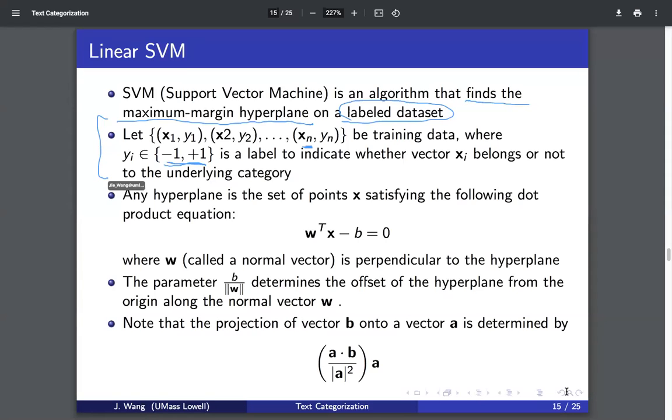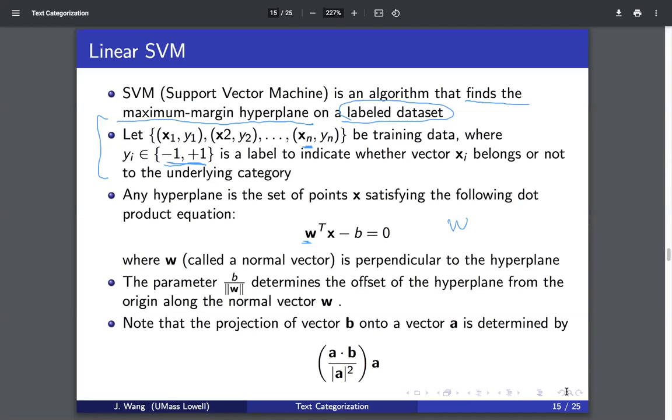And then what is a hyperplane? So a hyperplane would be, you have a vector, because we want a linear one. So you have a vector, we call it W. So let me write it this way.